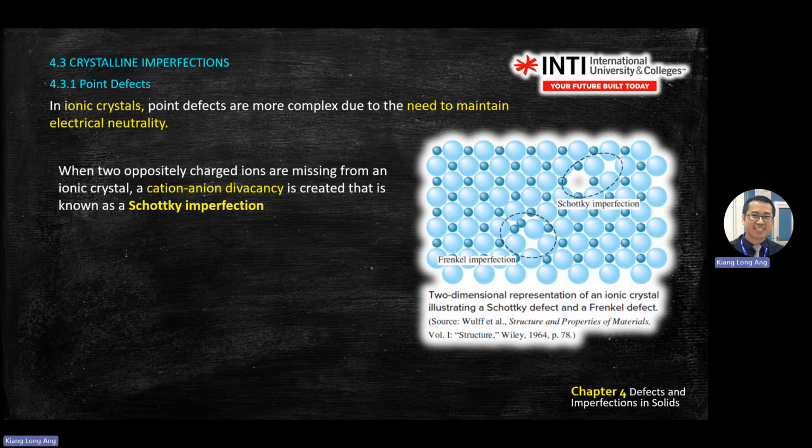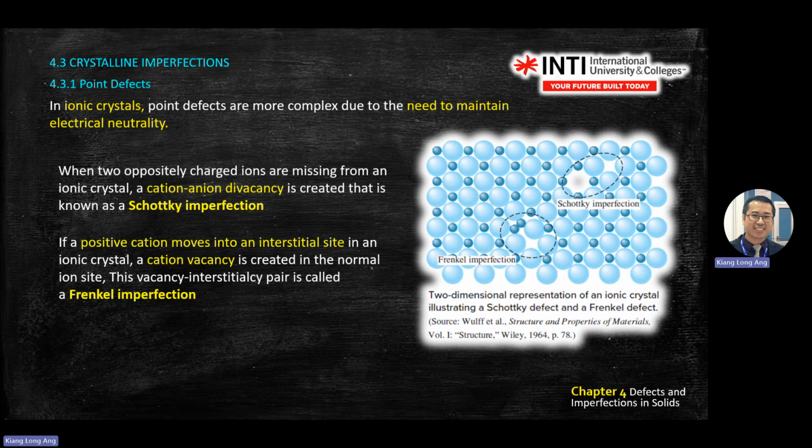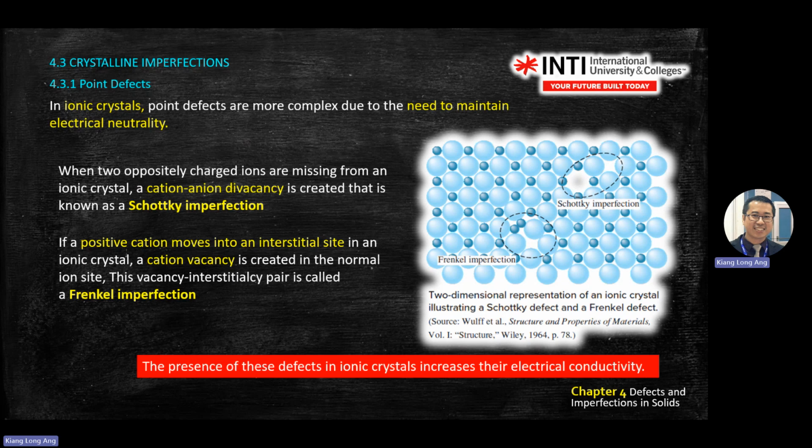One is Schottky imperfection with a hole, and another one is Frenkel imperfection. Frenkel means you've got an additional body there, but Schottky means that there's a hole there. This one is due to imbalance of positive and negative charge. So there are two: one is Schottky, one is Frenkel.